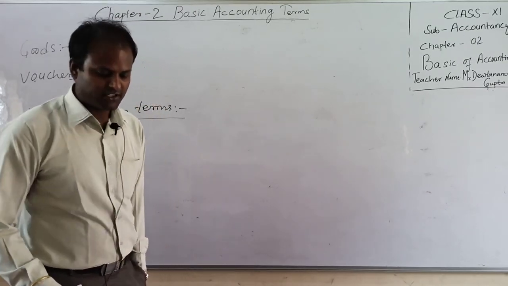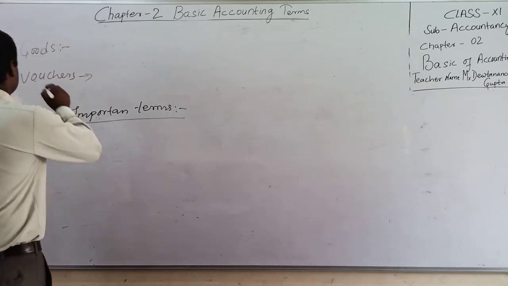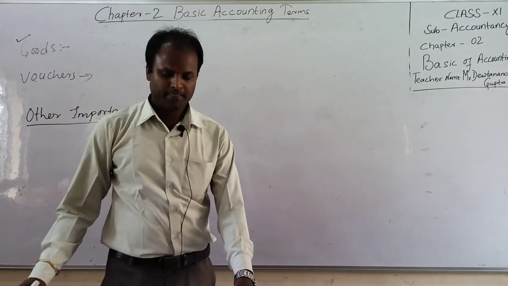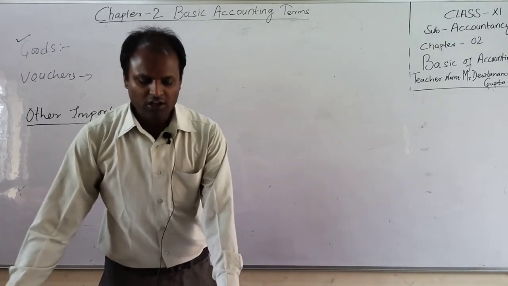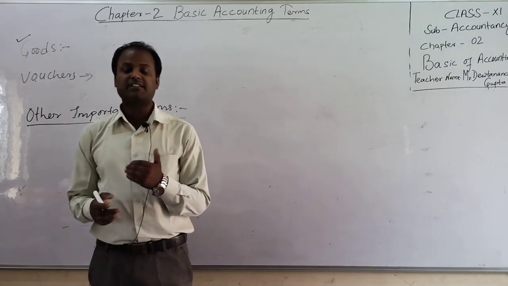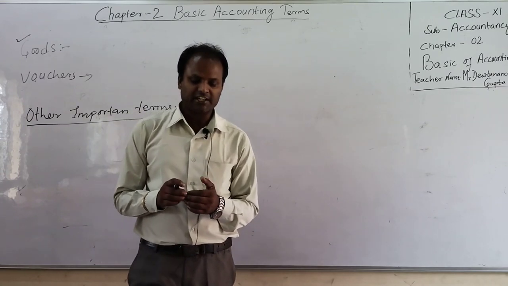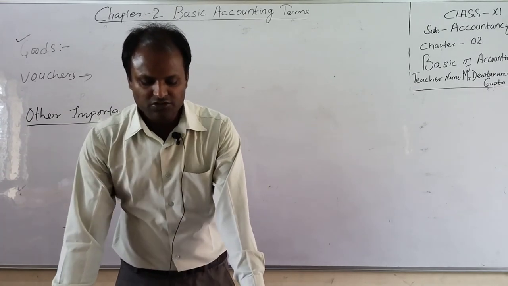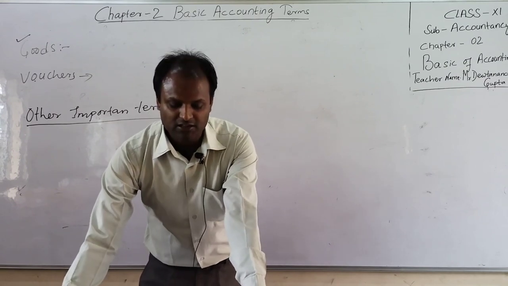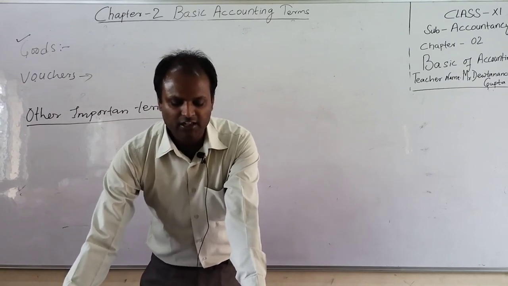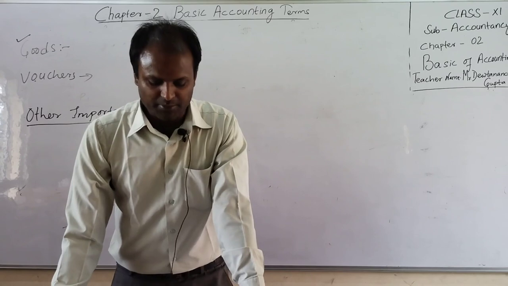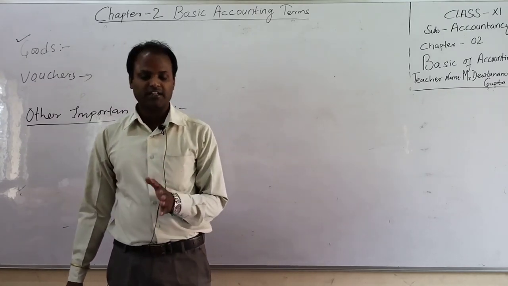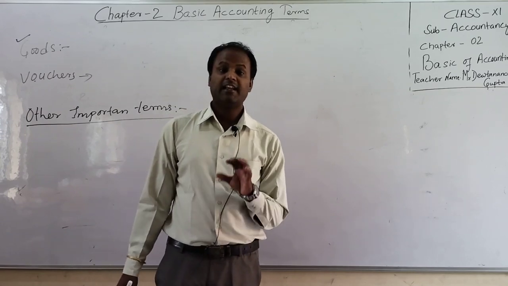Now, next term is goods. Goods means all the things which are purchased for resale or which are used for producing the finished goods, which are also meant to be sold in the market. Thus, for a furniture dealer, purchase of tables and chairs is termed as goods, while for others it is termed as furniture and is an asset.